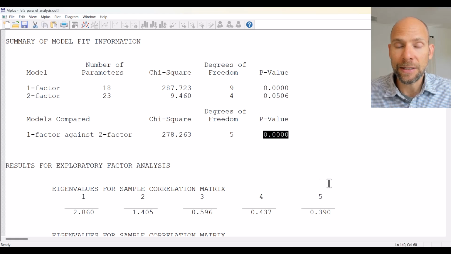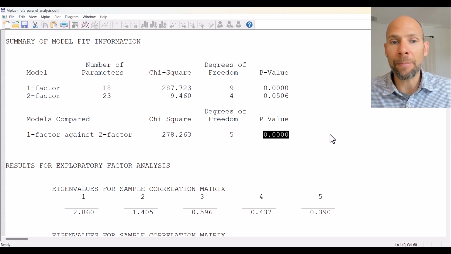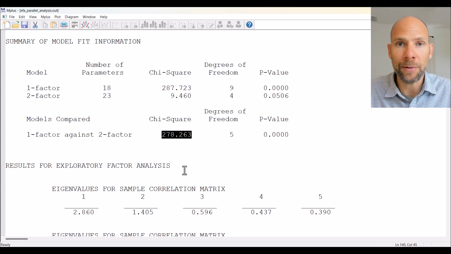You can see that difference chi-square value is also statistically significant, indicating that a 2-factor model fits significantly better than a 1-factor model. So it's far better. This is a huge chi-square difference for 2 factors versus 1 factor. So it's a huge improvement when we add a second factor.